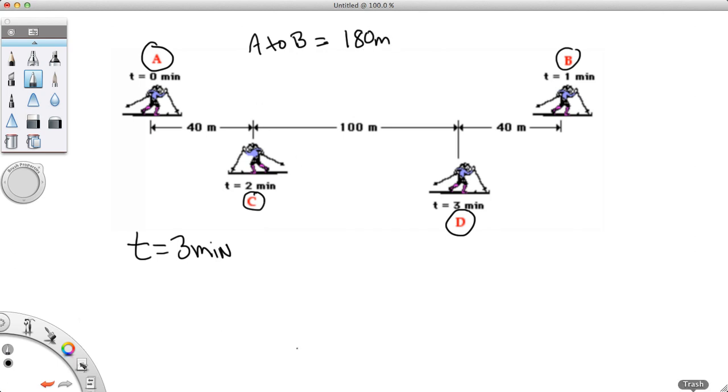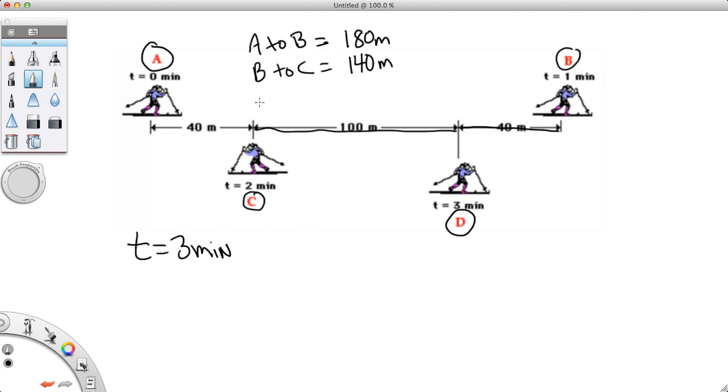Now the cross-country skier is going from position B to position C. That's another 40 meters here, plus another 100 meters here. So from B to C, that's 100 meters plus 40 meters, so another 140 meters.